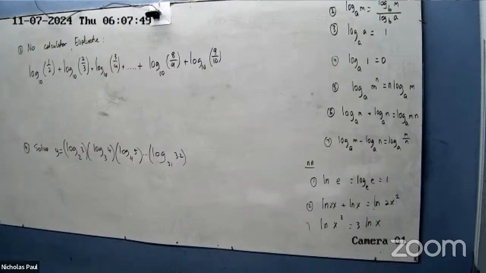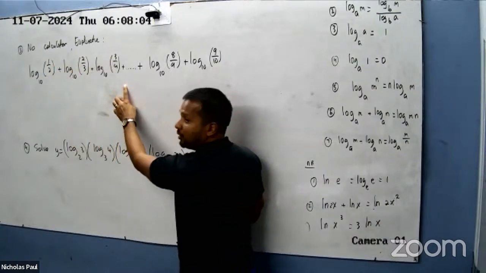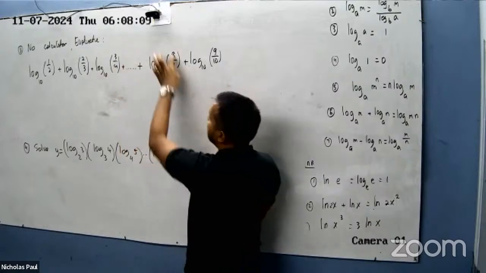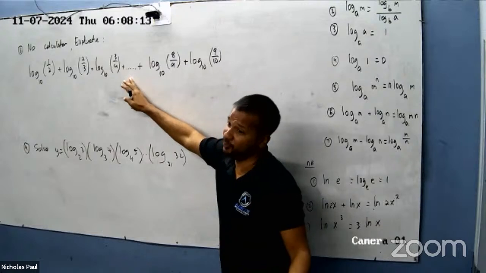Right, so you have to find a way now to use the rules to simplify it. I just left out those terms because it followed the pattern. Watch 1 and 2, 2 and 3, 3 and 4, 4 and 5, and so on until you reach here. I just left it out. If you want to write it, go ahead.